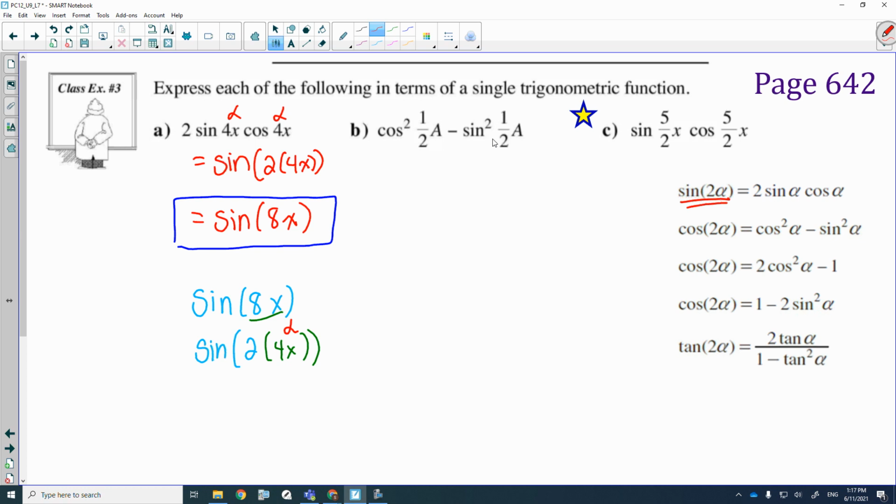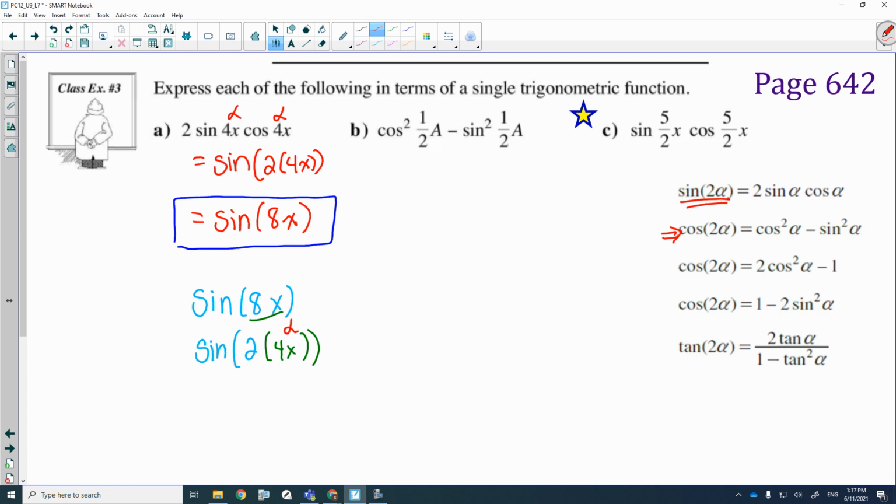But because there's not a plus, there's a minus, it is not a Pythagorean identity. This is a double angle identity, and matching this up, it is the double angle identity for cos, in this form here.